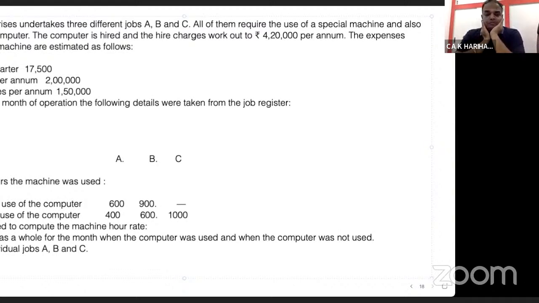This question is based on machine hour rate problem. Kindly note it down.